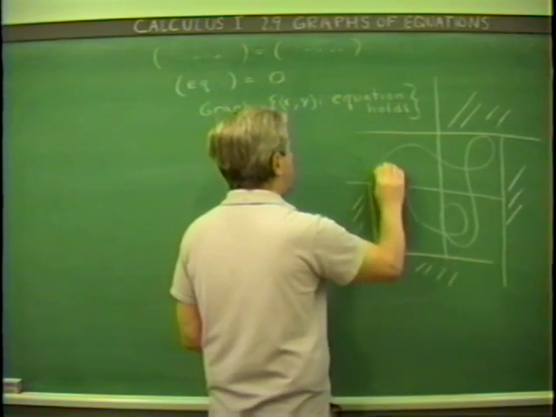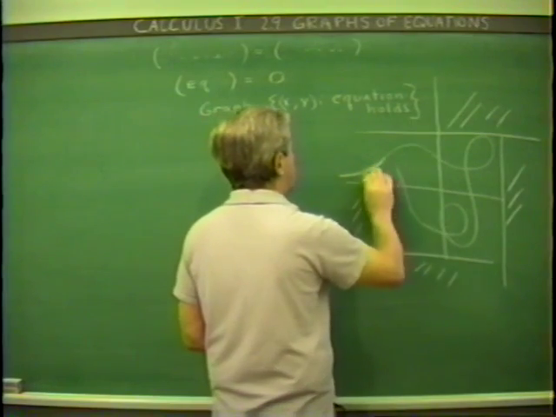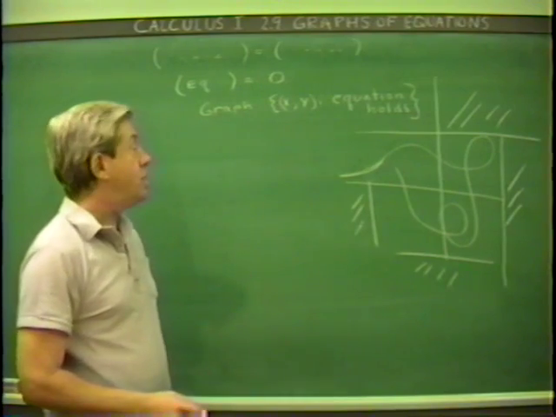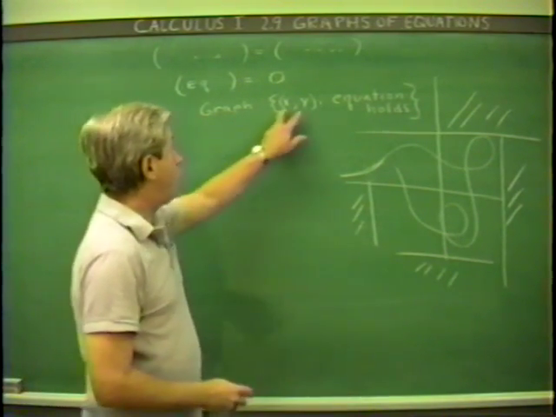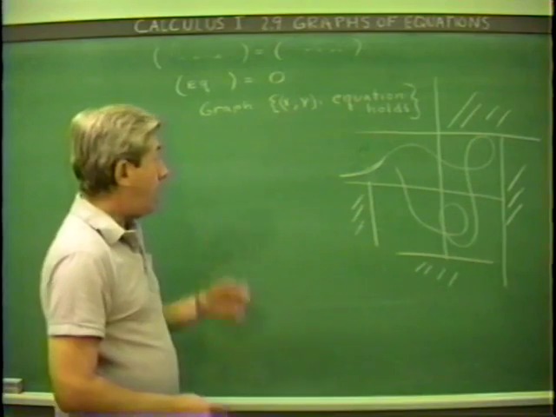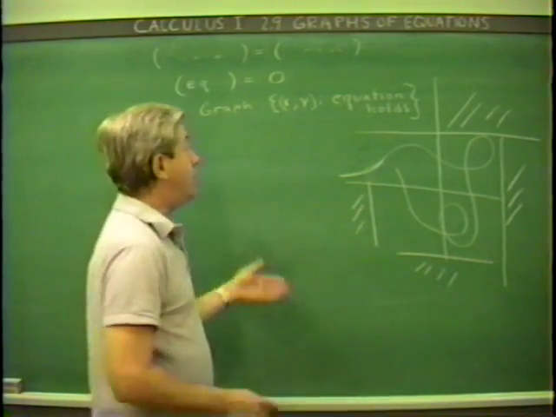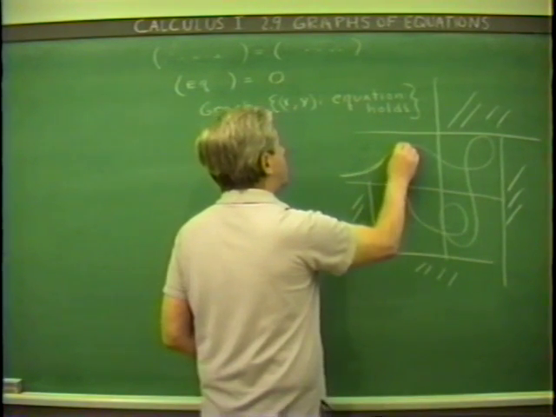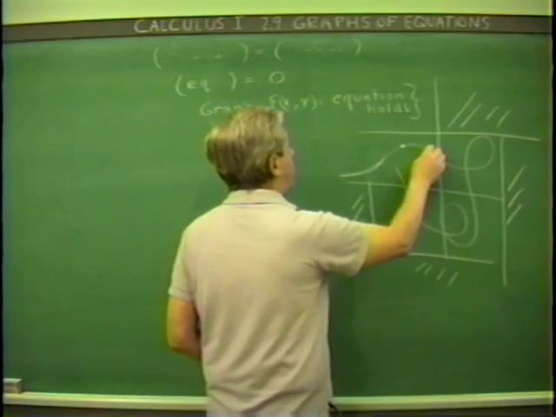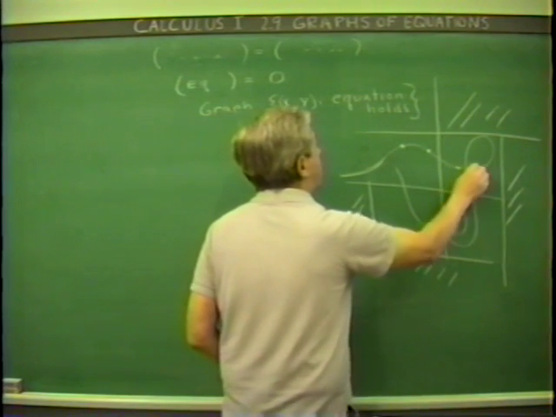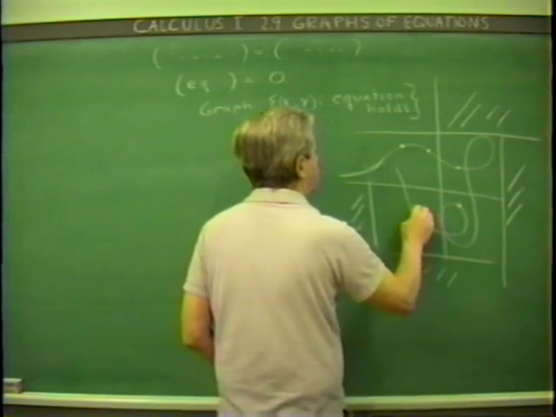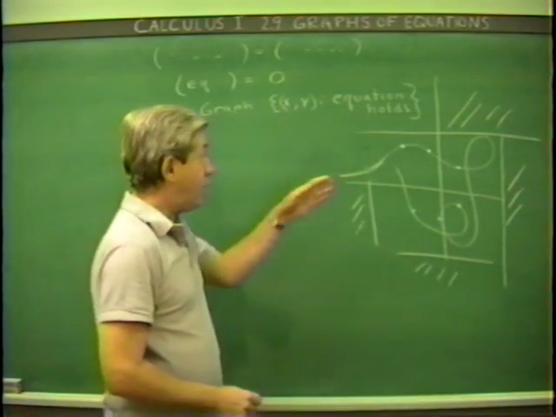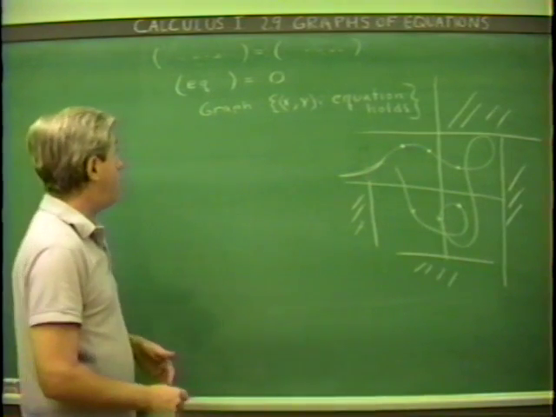It may be that it goes on in this direction, like so. In which case we can still rule out some areas where you don't need to look for any points that satisfy the equation. A second thing that you can do, of course, is the obvious thing, and that is to put a value of y in here and find out if there are any values of x that satisfy it. And similarly, put a value of x in. That's to say, plot some points. Now, the problem with this is that it's hard to tell when you've plotted enough points to be able to tell what the equation is. So graphing equations is not a simple matter.